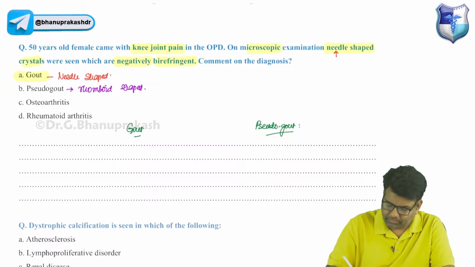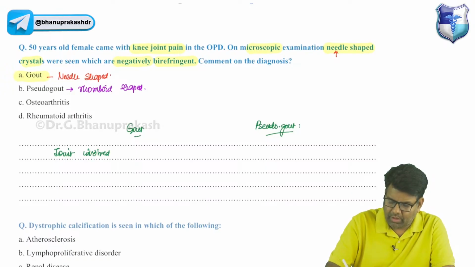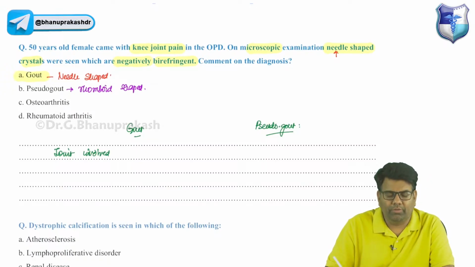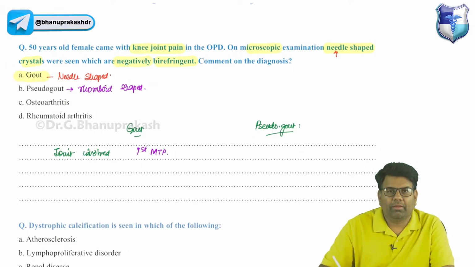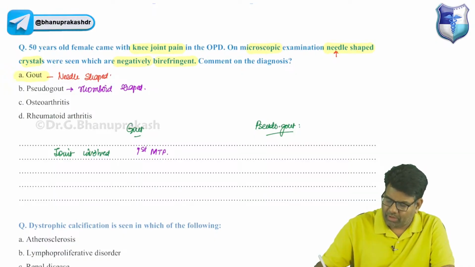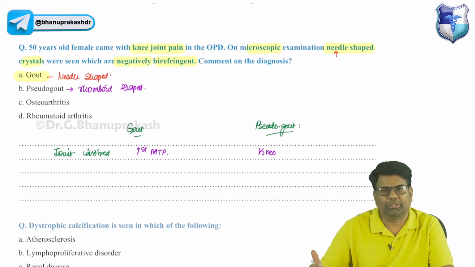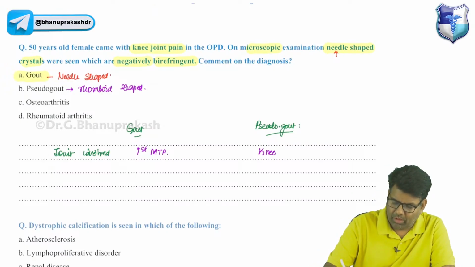Number one, the commonly involved joint. Which joint is commonly involved in gout? The first great toe. In cases of pseudo-gout, larger joints are commonly involved, like the knee.